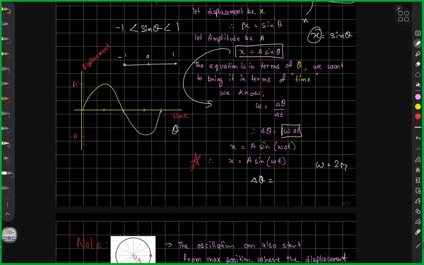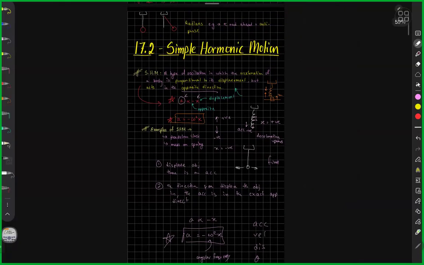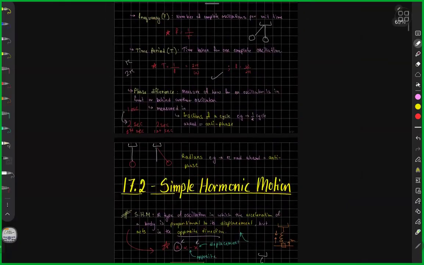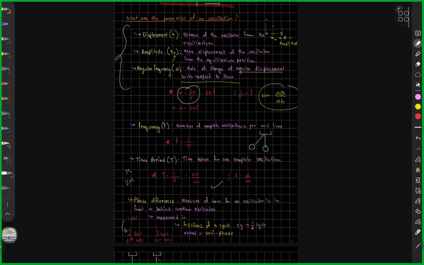And last class, we expressed it in terms of frequency, which is in hertz. Angular frequency, like omega is equal to 2 pi f, right? Oh no, you don't really write it in terms of hertz. Usually you don't. Technically, if you do the dimension analysis over here, yeah, sure, you do write hertz, but hertz can be broken down into simpler base units.